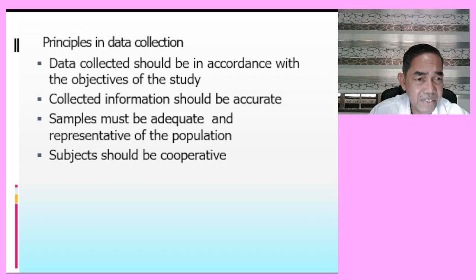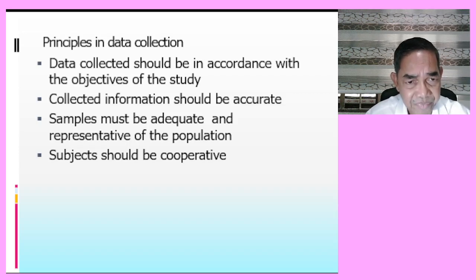And the principles of data collection will be the following. Data that we collect should be in accordance always with the objective of the study. And that is the reason why we need to be very, very clear of what our objective is.